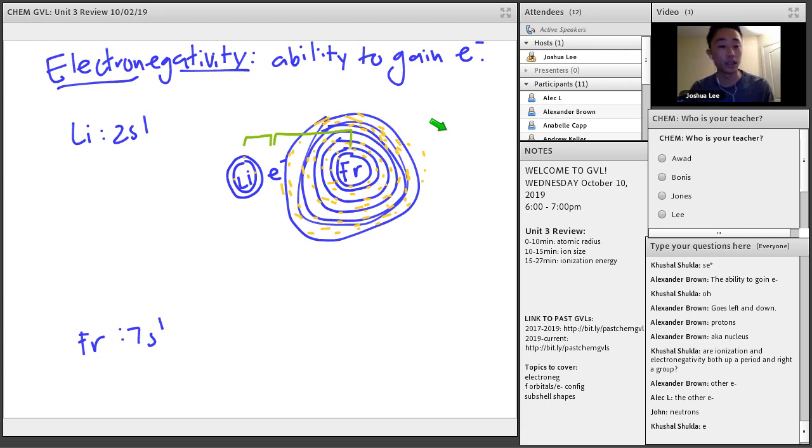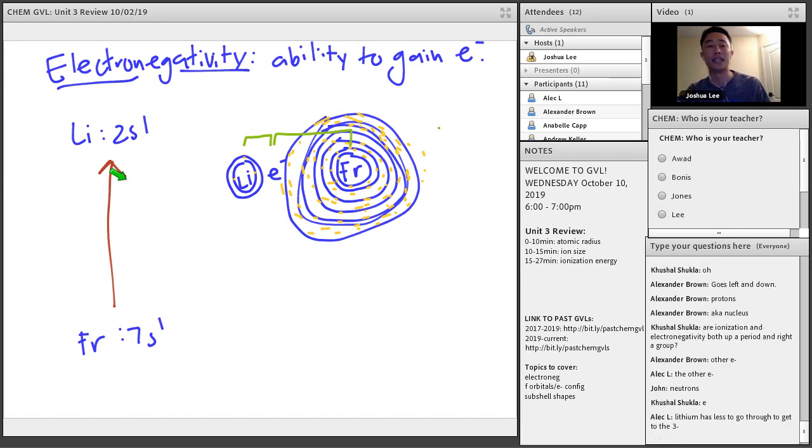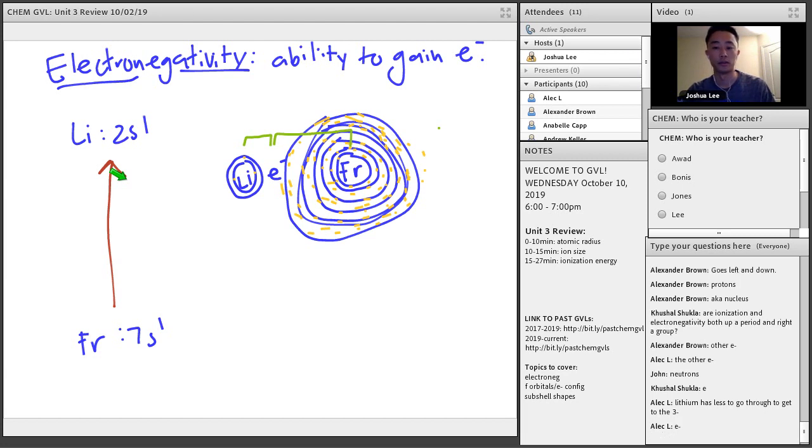So if you compare lithium and francium, electronegativity is going to increase going up. That means it's better at gaining an electron, because it has much less to get through to that electron. So that's the group trend. As you go up a group, you're getting rid of layers off your atom, meaning the distance from your nucleus to the outside is a lot smaller, so its interaction could be a lot stronger.